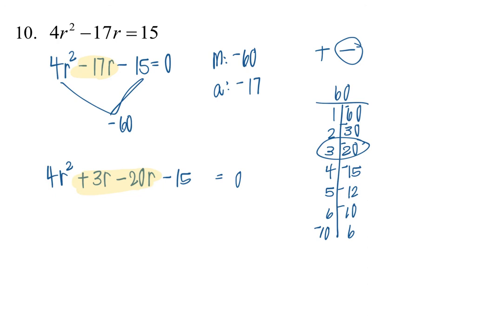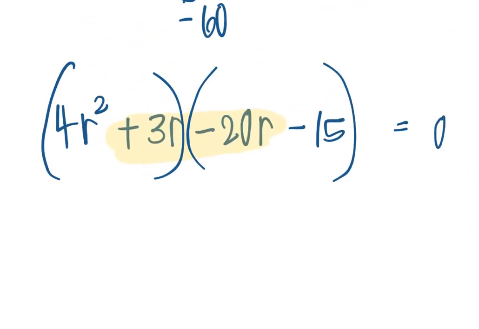It's a 4-term polynomial, and I can factor that by grouping. So I've grouped the front and the back. In this first binomial, I'm going to pull out a GCF of r from r squared plus 3r and be left with 4r plus 3.